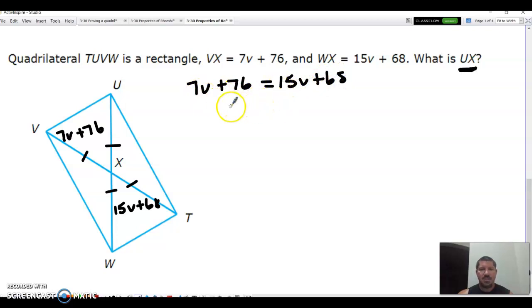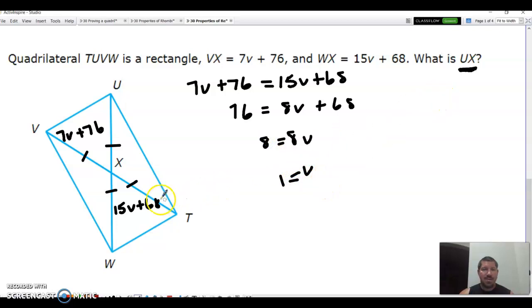So I'm going to subtract 7V. That's going to give me 76, not 8. 76 is equal to 8V plus 68. Subtract 68, so 8V is equal to 8, which means V is equal to 1. But we have to find UX. So we have to find this.